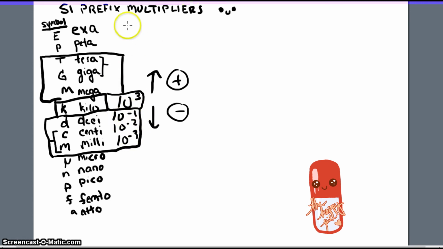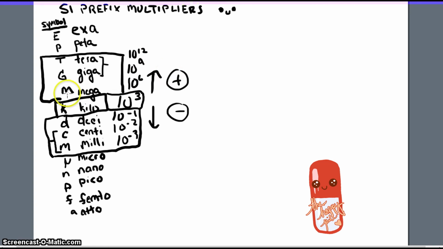It's actually going to be 10 to the 6th, 10 to the 9th, and 10 to the 12th. Those are going to be the exponents for it. So if you look at it starting from kilo, it would go 3, 6, 9, 12, and it creates this pattern which you can memorize going all the way up to the positives.